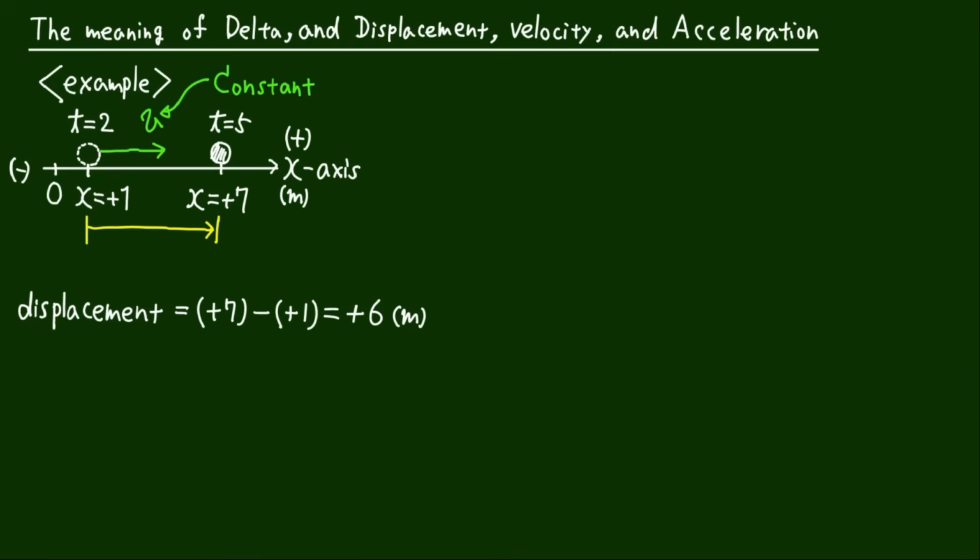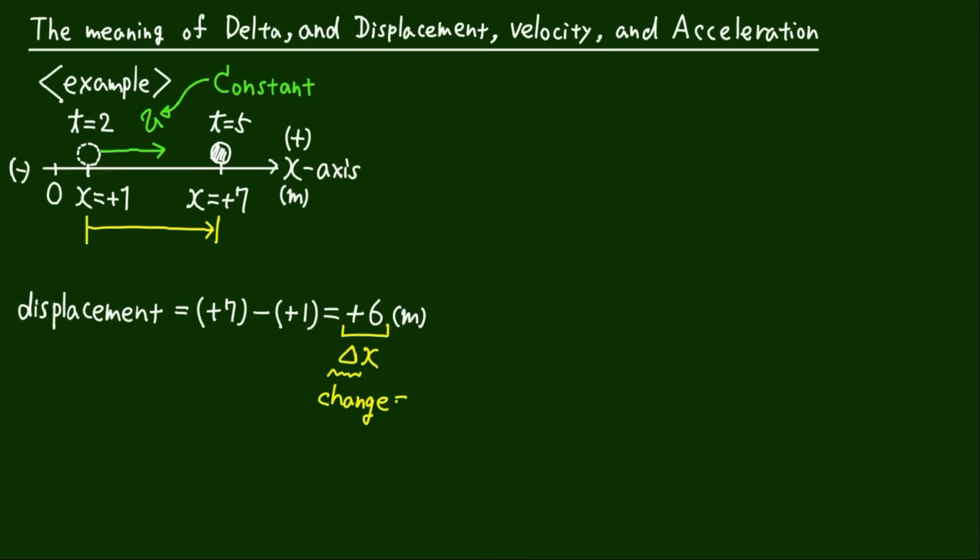Normally, this quantity called displacement, including the plus sign, is typically represented by the symbol delta x. Many people beginning to study physics feel intimidated by this delta symbol. However, this delta symbol simply means change. That is, change is the final quantity minus the initial quantity.